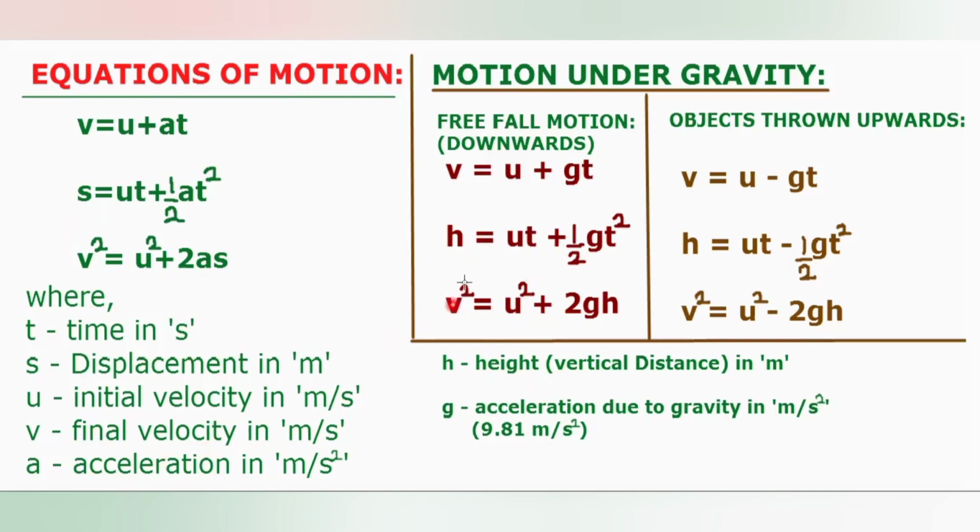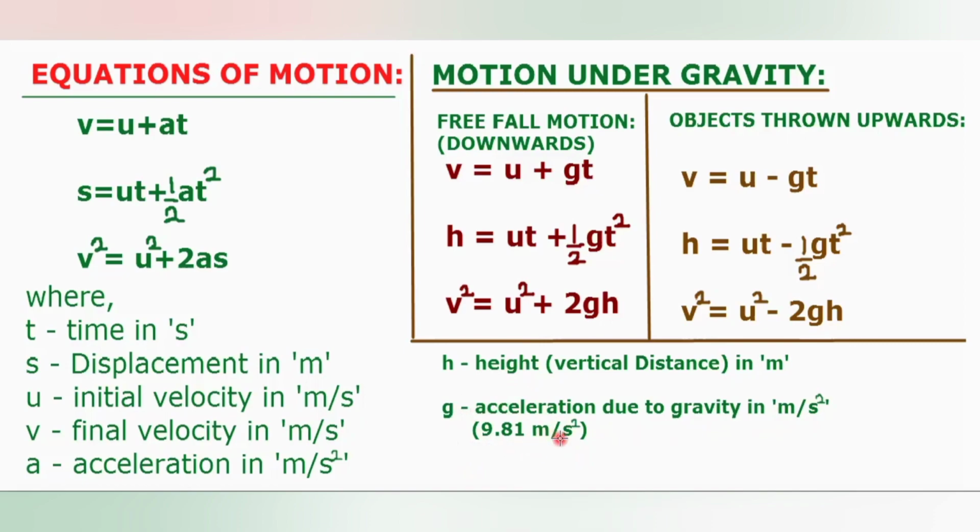Here the change: h is height or vertical distance in meters. g is the acceleration due to gravity, in meters per second squared. On Earth at sea level, we can take the value of g as 9.81 meters per second square.